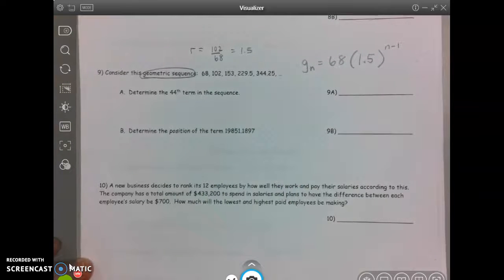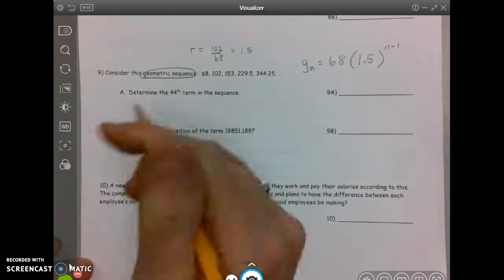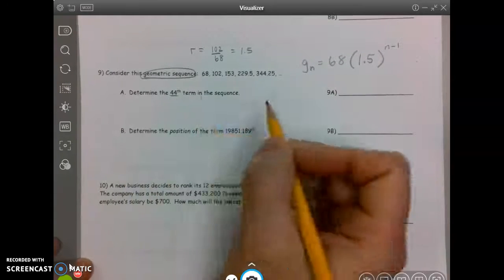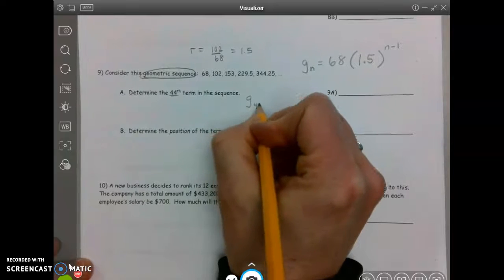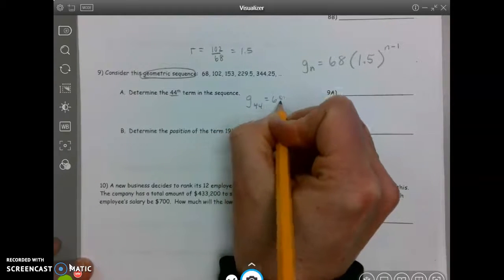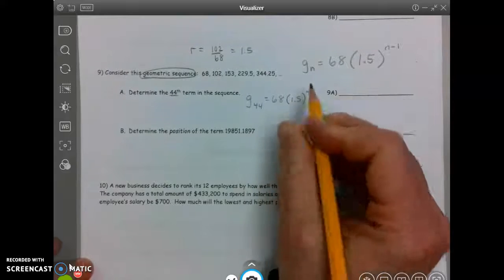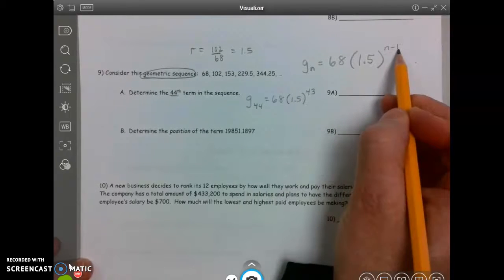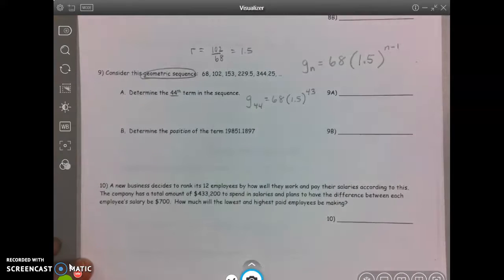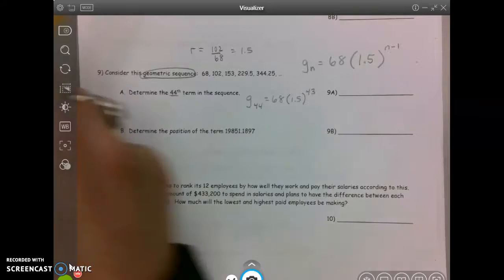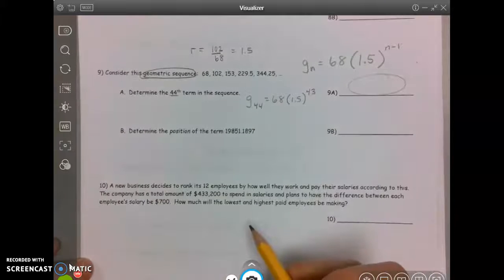So yes, that is my constant ratio. So determine the 44th term. G sub 44 is going to be 68 times 1.5 to the 43rd power, because 44 minus 1 is 43. Put that in my calculator, and I'll get my answer.